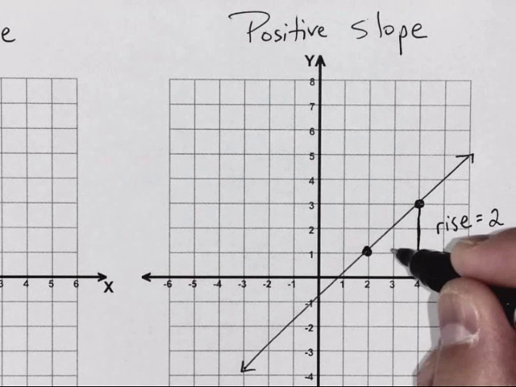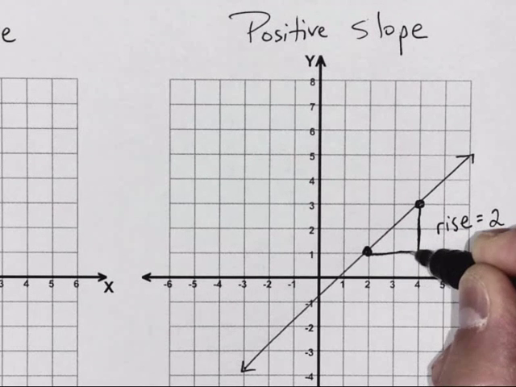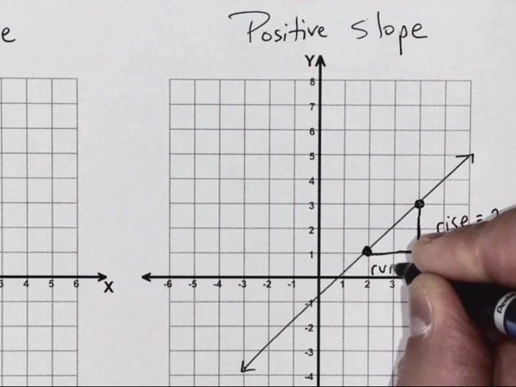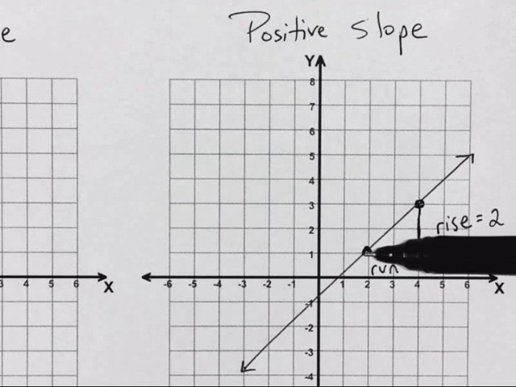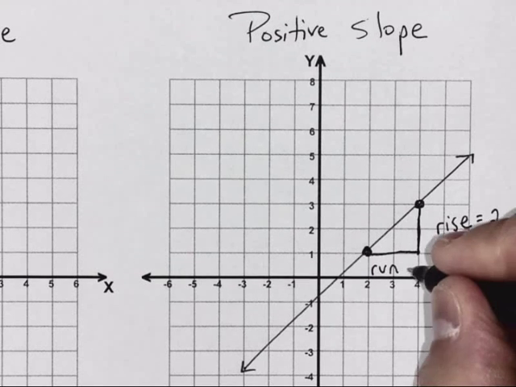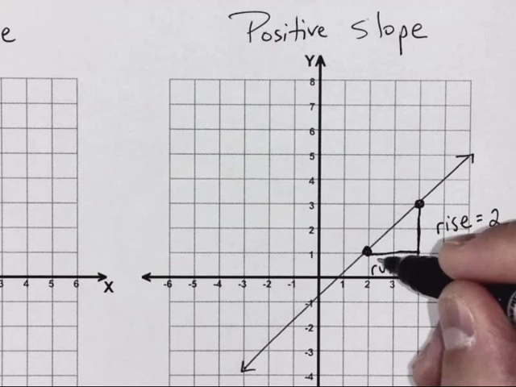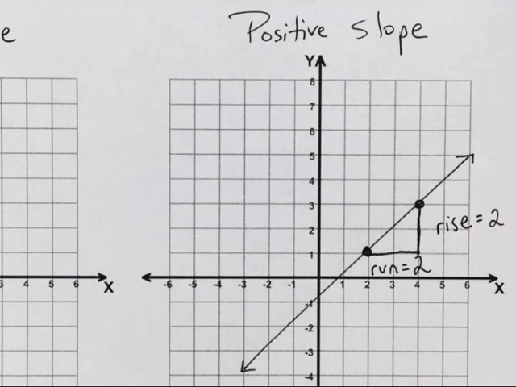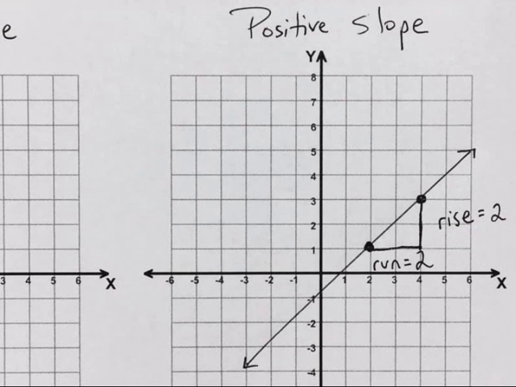And the run tells us the horizontal change between those 2 points. If we look at the lower point here, its x-coordinate is 2. This point here has an x-coordinate of 4. Therefore, there's a difference of 2 units between those 2 points horizontally. So if I have rise and I have run, then I have slope.